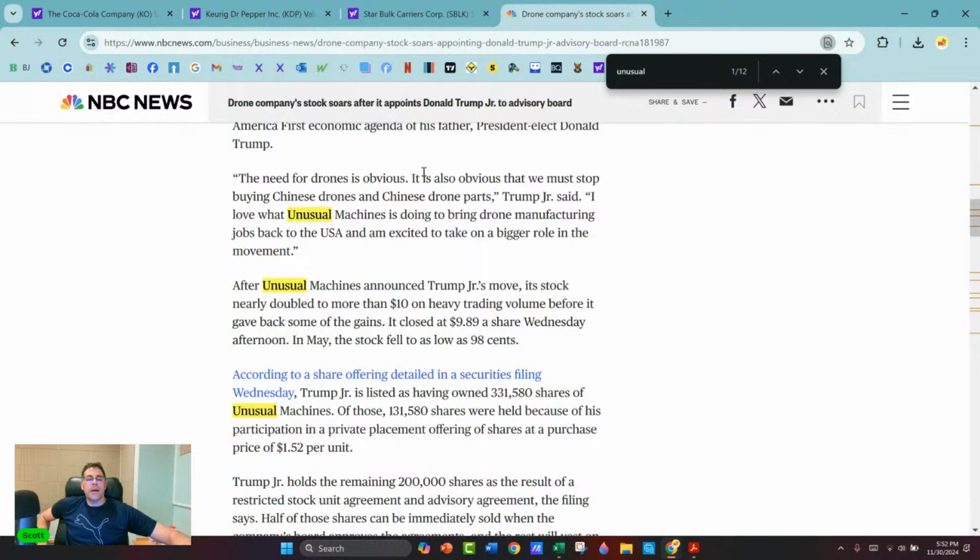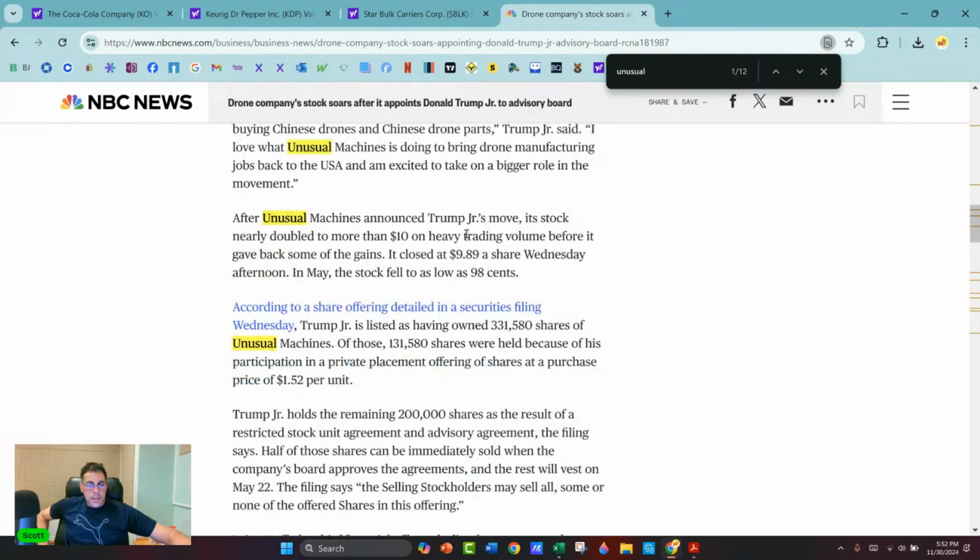The need for drones is obvious. It is also obvious that we must stop buying Chinese drones and Chinese drone parts. I love what Unusual Machines is doing to bring drone manufacturing jobs back to the USA. After Unusual Machines announced Trump's move, its stock price doubled.